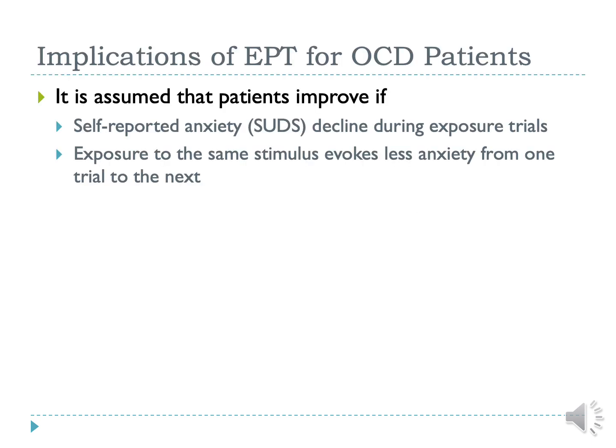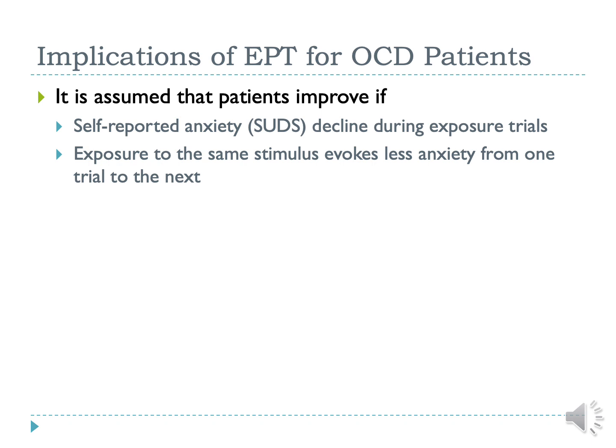And it's assumed that if the person with OCD has habituation during the sessions and between the sessions, then the person has improved. So self-reported anxiety during the session, which we affectionately refer to as SUDS, subjective units of discomfort.